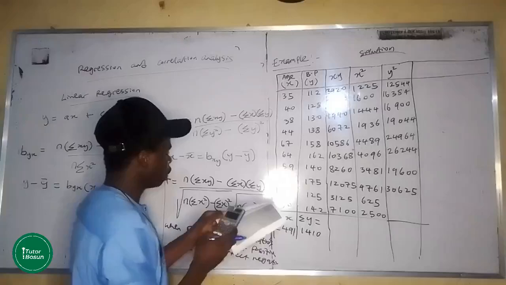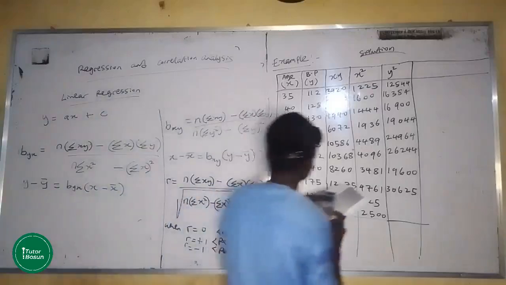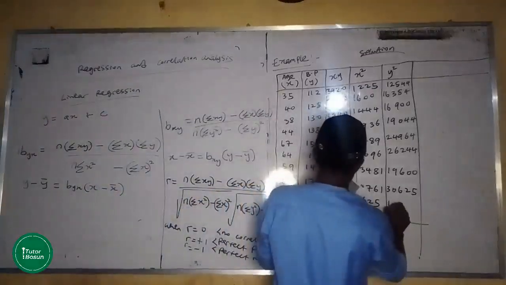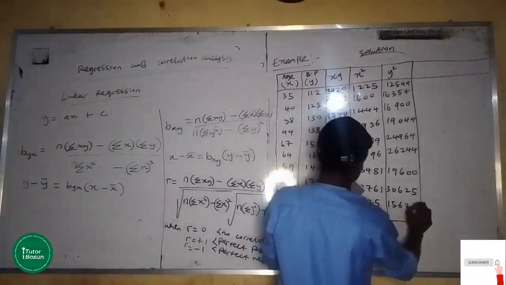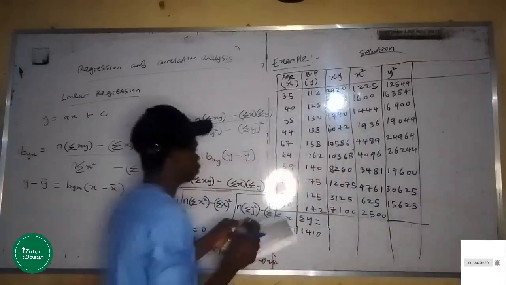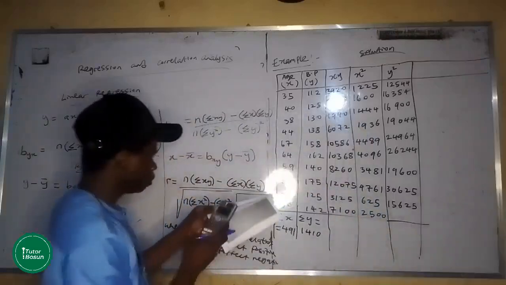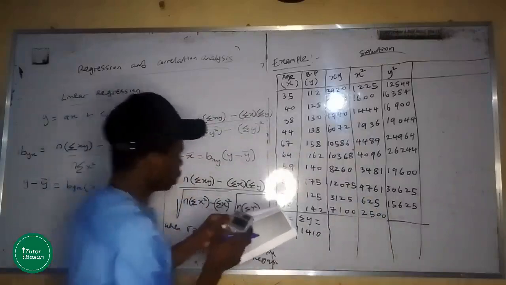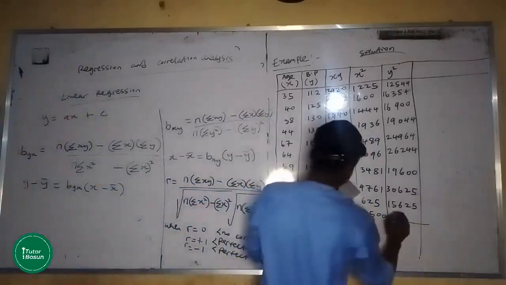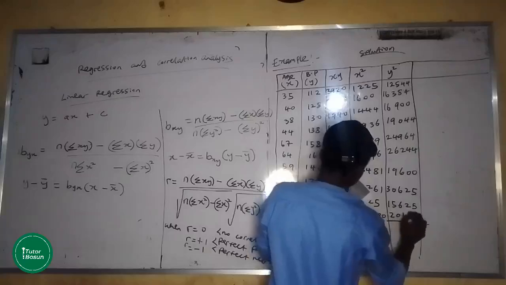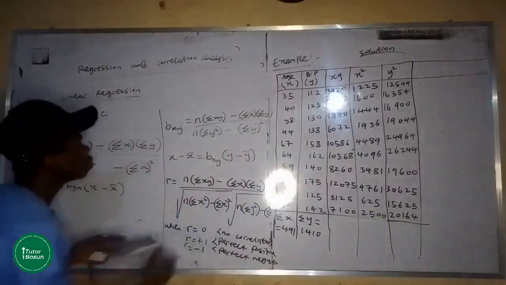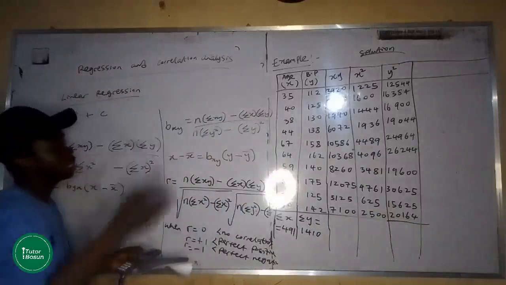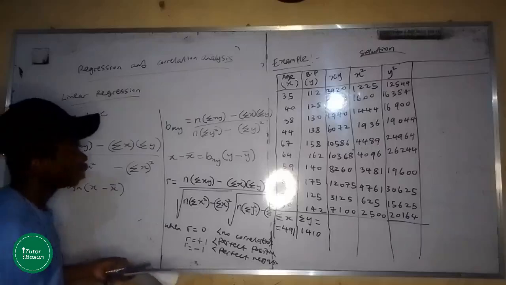We have 125 squared, that's 15625. We have 142 squared as well. This is the last one, 20164. So we have been able to compute our x, y, x squared, y squared, and xy.